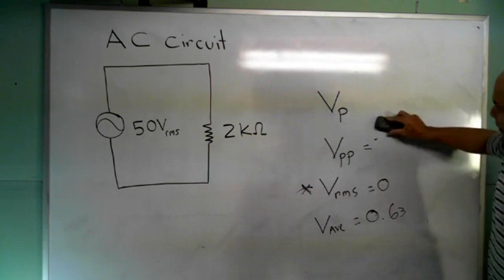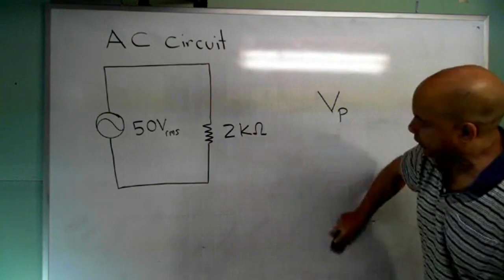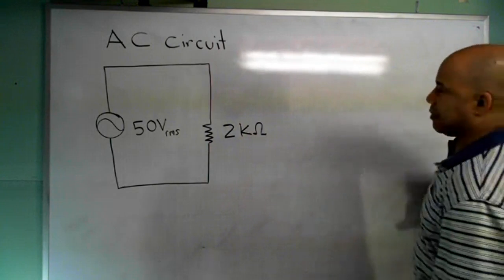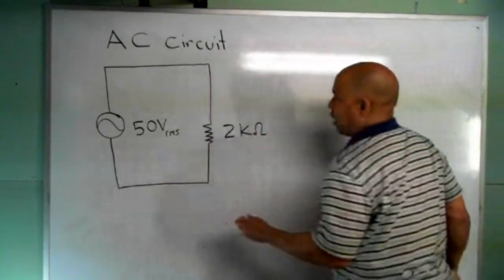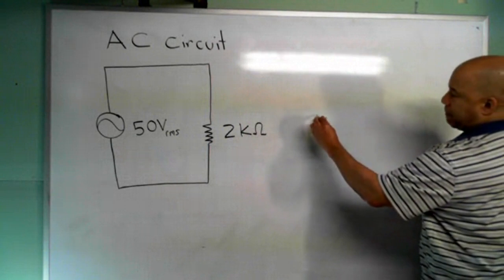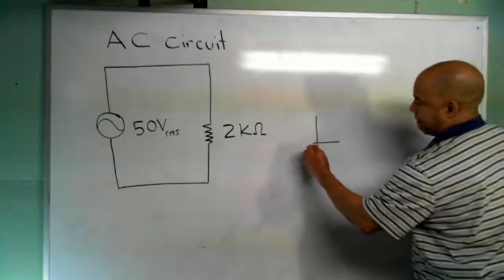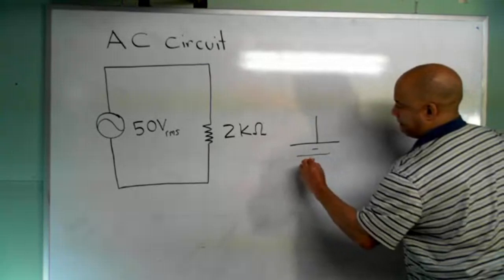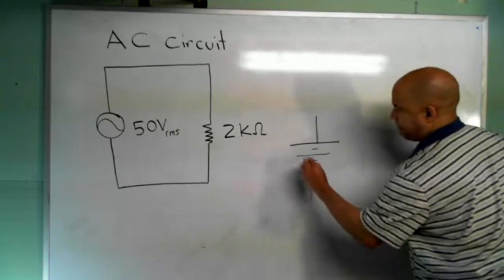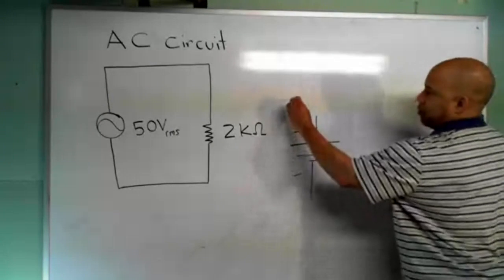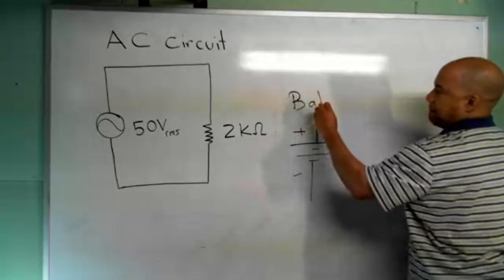So if you had a basic problem with just resistors, notice the way I have this power source drawn. You've seen this before. That's, of course, a battery.